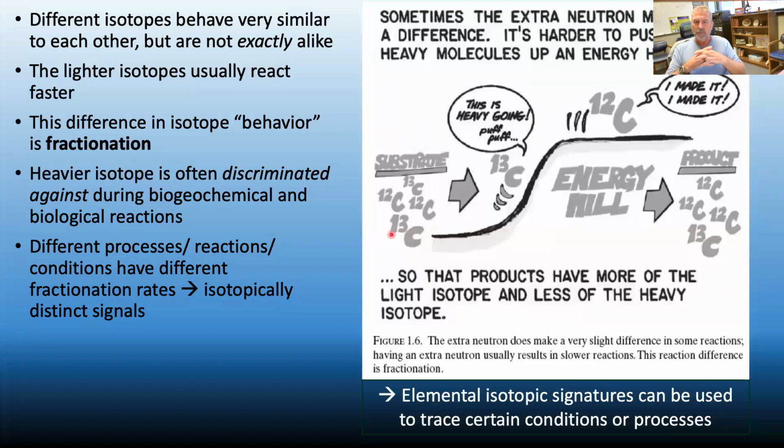Okay, fractionation. And a heavier isotope typically, as I said, doesn't react as quickly as the lighter ones do. So we consider this to be discriminated against during biogeochemical and biologic reactions. So different processes, reactions, conditions have different fractionation rates, and this gives us isotopically different signals that we can measure. All right. Okay.